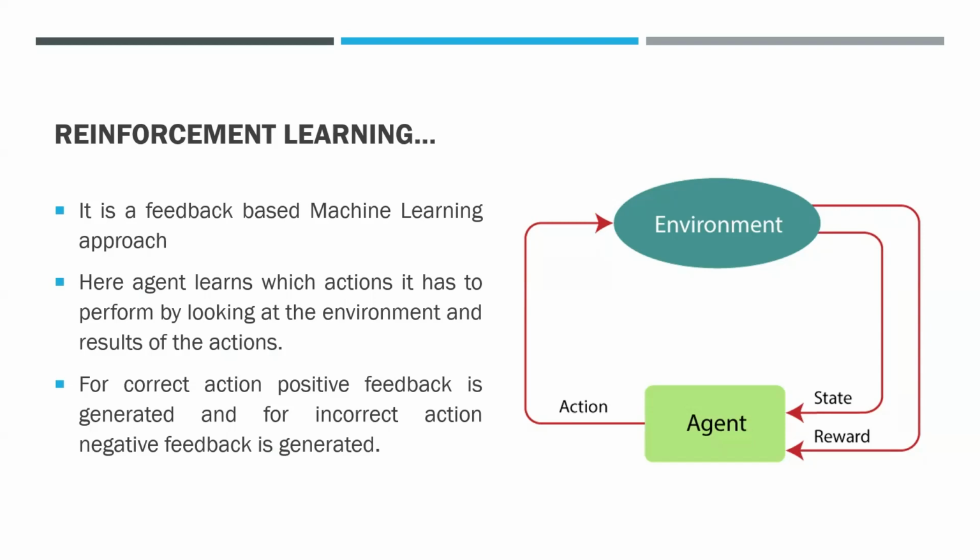So it is a feedback-based machine learning approach. Here the agent learns which actions it has to perform by looking at the environment and the results of the action. For a correct action, positive feedback is generated, and for an incorrect action, negative feedback is generated. That is, a penalty is generated.